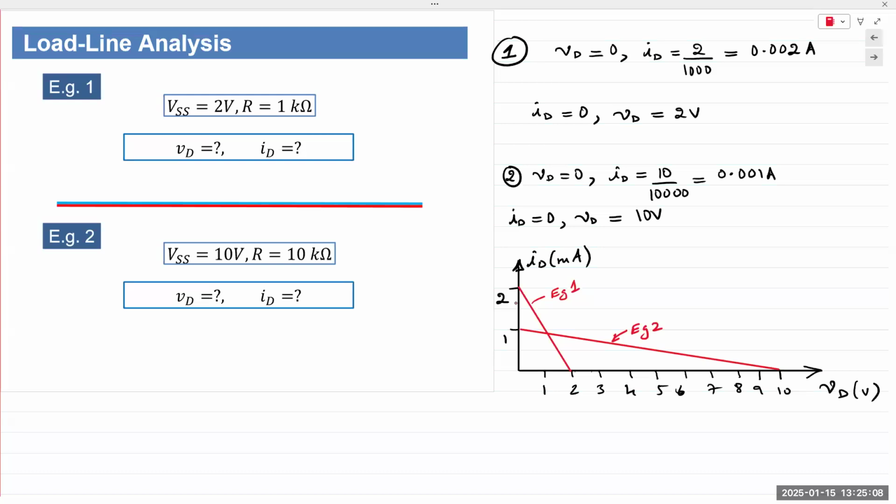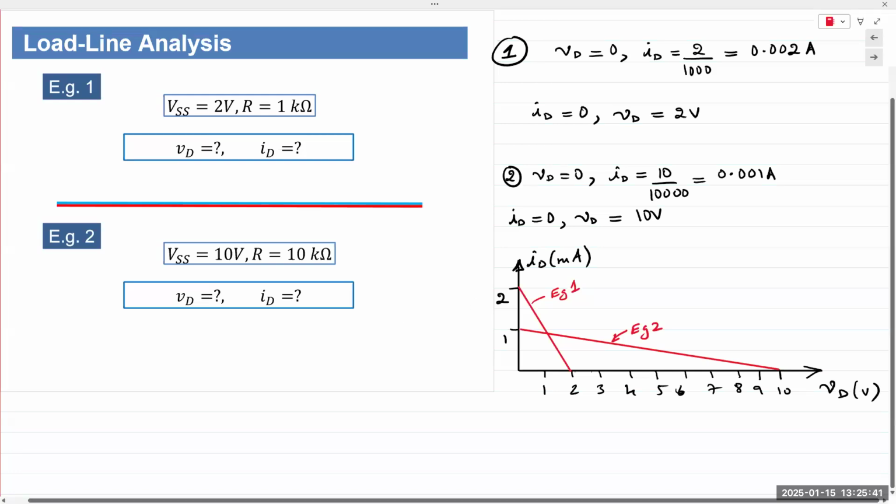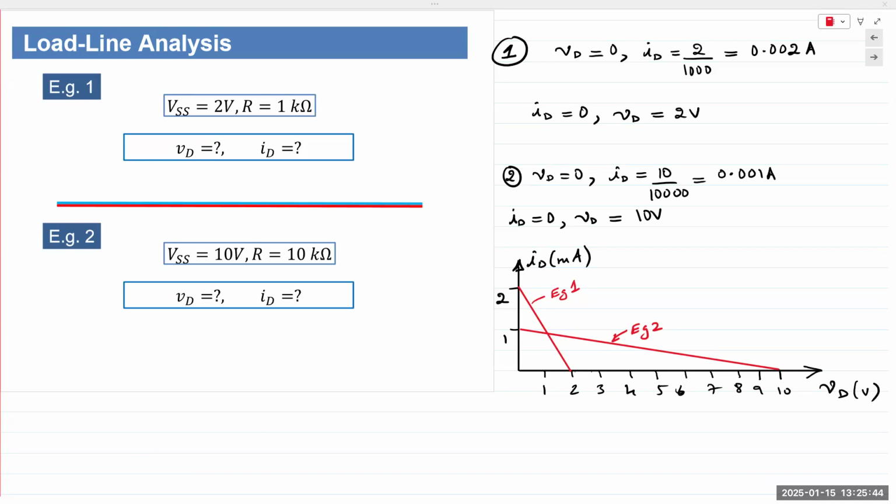Let me know if you have any questions. Do the steps make sense? Does it make sense?